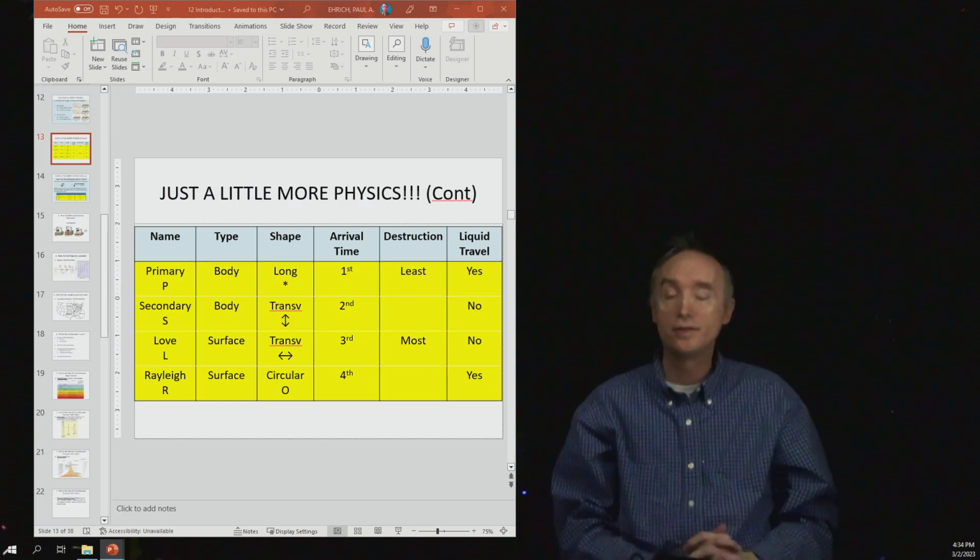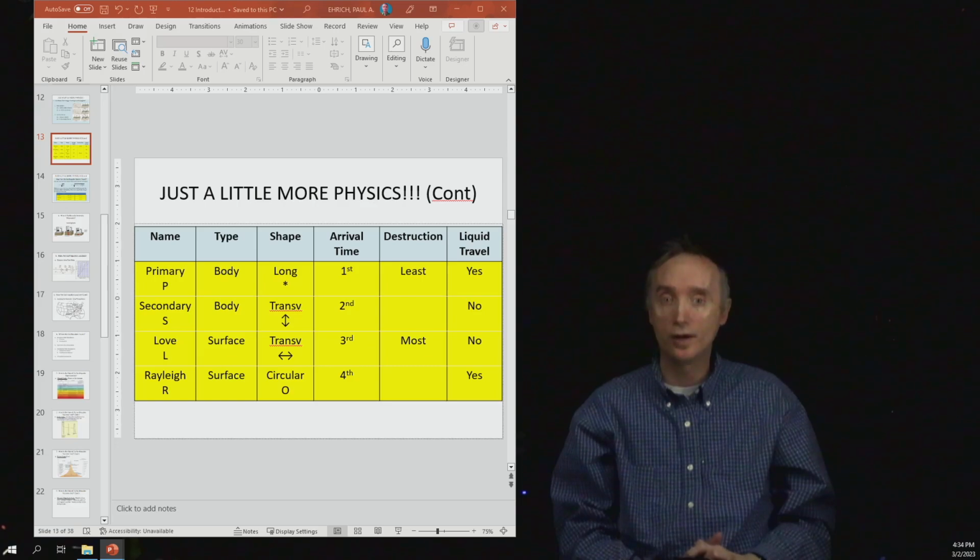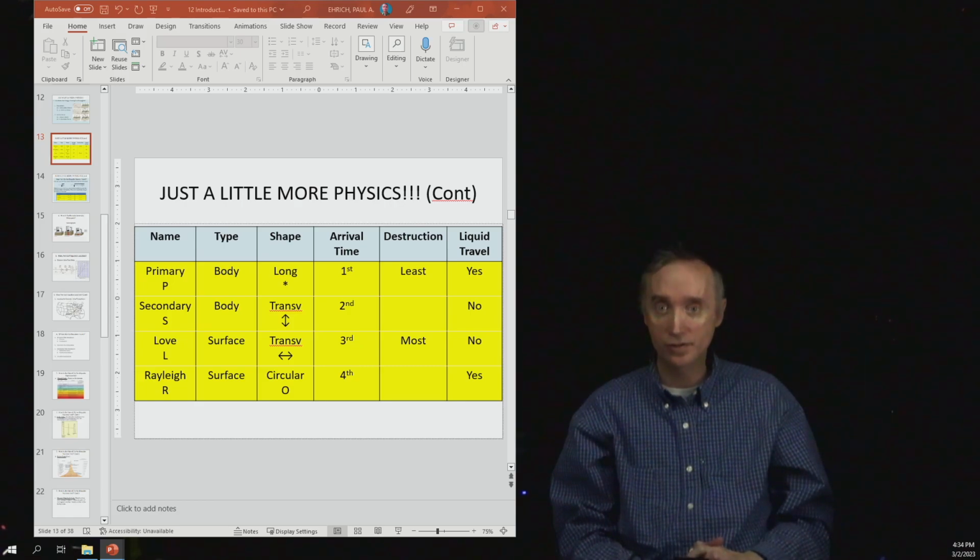Now the different kinds of earthquake waves travel at different speeds. It turns out that primary waves are the fastest waves. They travel through the earth the fastest. That's why they're called primary waves.